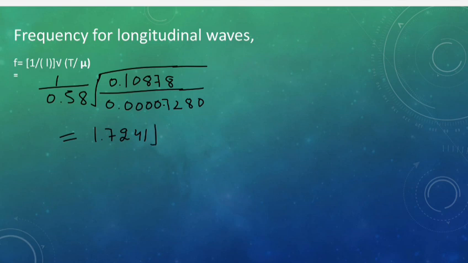Root of 0.10878 divided by 0.0000728 will be equal to 1494.1260. 1.7241 into root of 1494.1260 will be equal to 1.7241 into 38.65392.